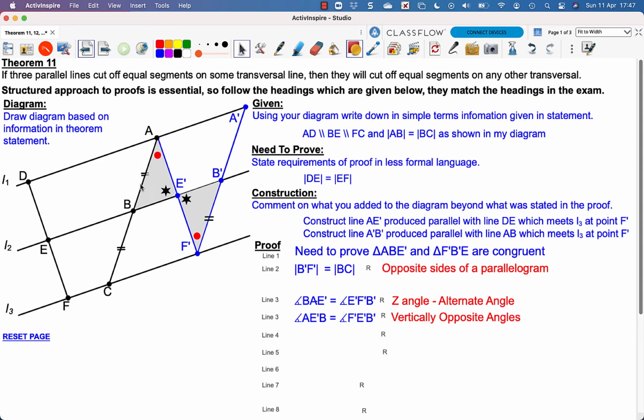So, parallel line, transversal, parallel line, I've got Z angles. So for line 4, I know those two angles are equal either by the third angle in a triangle or by the fact that they are also alternate angles.